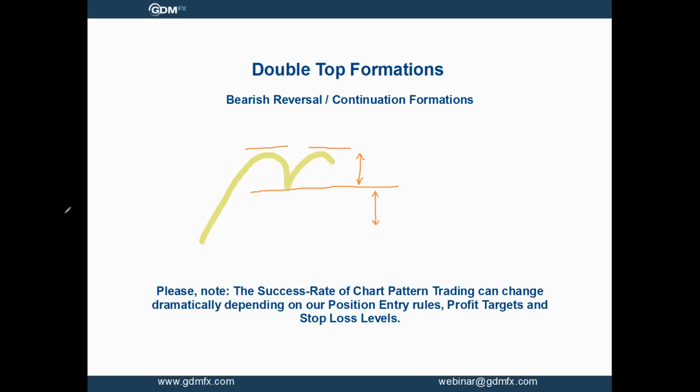So with a good level of certainty, we can expect that the distance between the two peaks and the neckline is the same distance that the market might go further down if it breaches the neckline. So if we breach this level right here, we can expect market to continue all the way down by the same distance as we can measure it between the two peaks and the neckline.